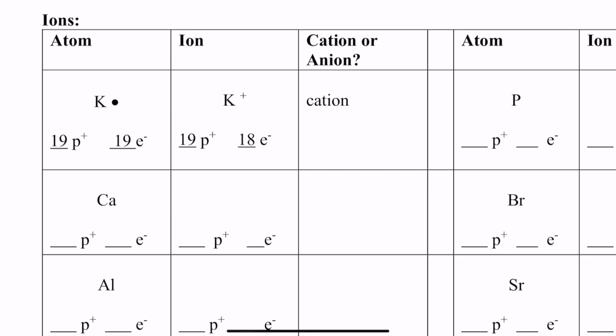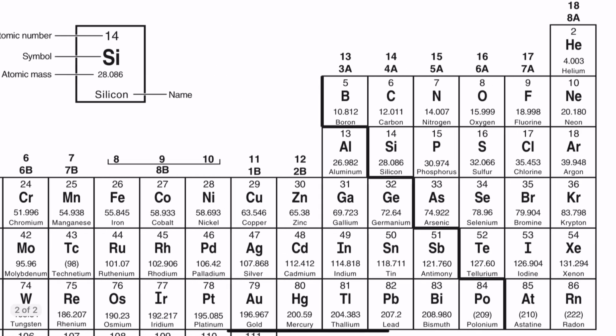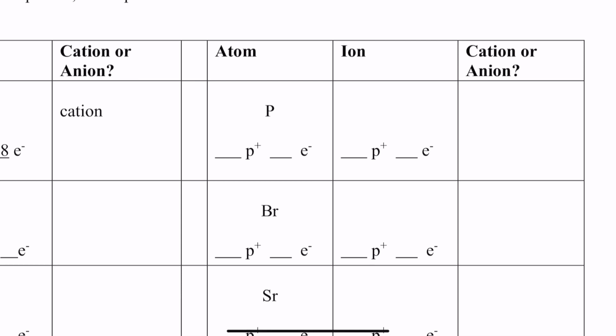Looking at this other example, what happens when an atom like phosphorus ionizes? Well, phosphorus, you want to look that up on the periodic table, is over here. It is number 15, so that means it has 15 protons and electrons when it's neutral. Since it's in group 5A, it has 5 valence electrons, so we draw 5 dots around it.